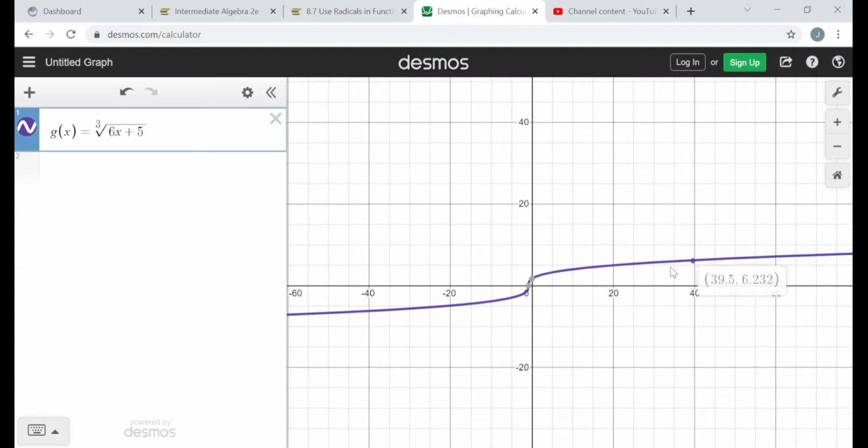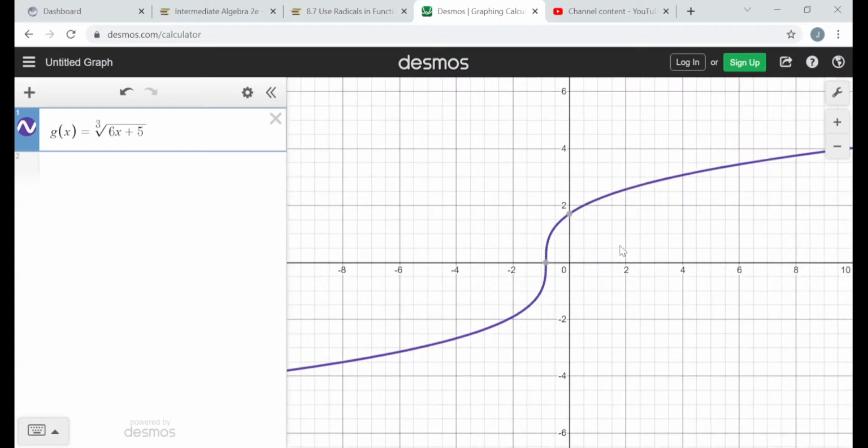Every x value is used as the x coordinate of some point on this graph. Okay. So we see from the graph on Desmos here that the domain is all real numbers. Wonderful.